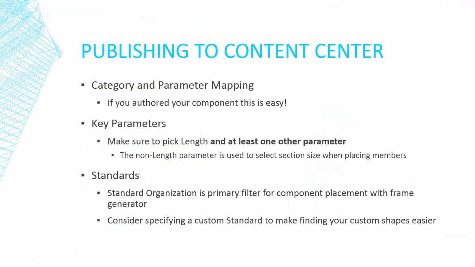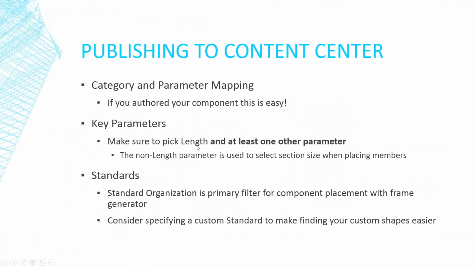If you have aluminum tube, let's say you have a 2x2 by 1/4 inch thick and a 2x2 by 3/8 inch thick. You need to have the thickness and at least one of the other two parameters as key parameters so you could correctly indicate, I want this version of the tube at this wall thickness.